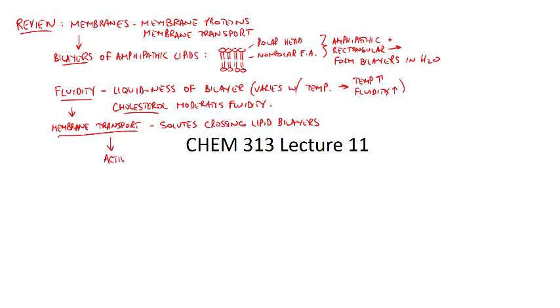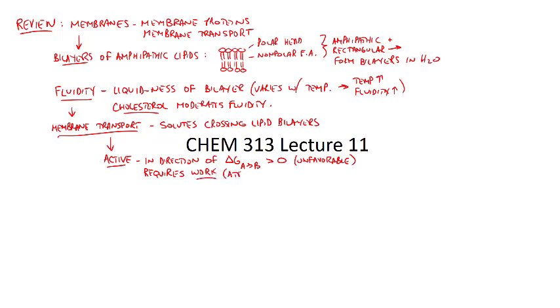We have active transport, which is transport in the direction in which the free energy of moving the solute from side A to side B is positive, so unfavorable. Active transport, by definition, requires work.